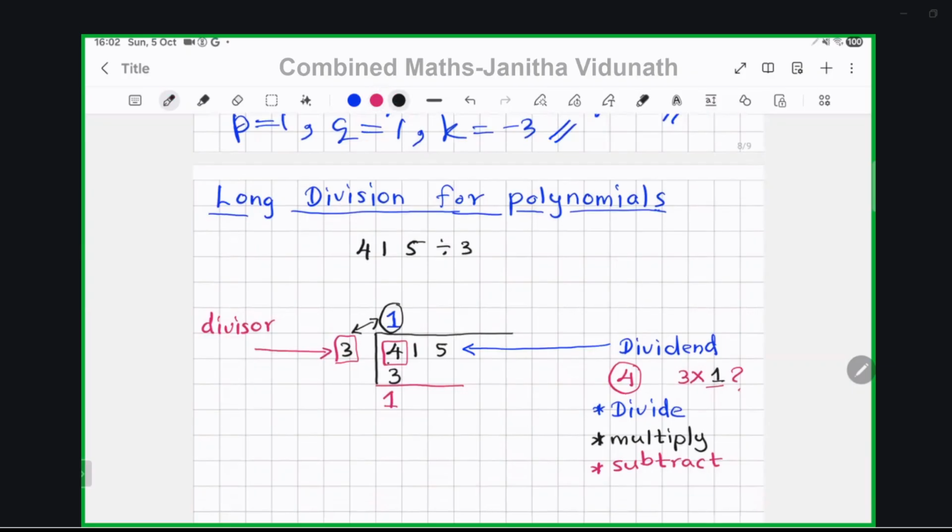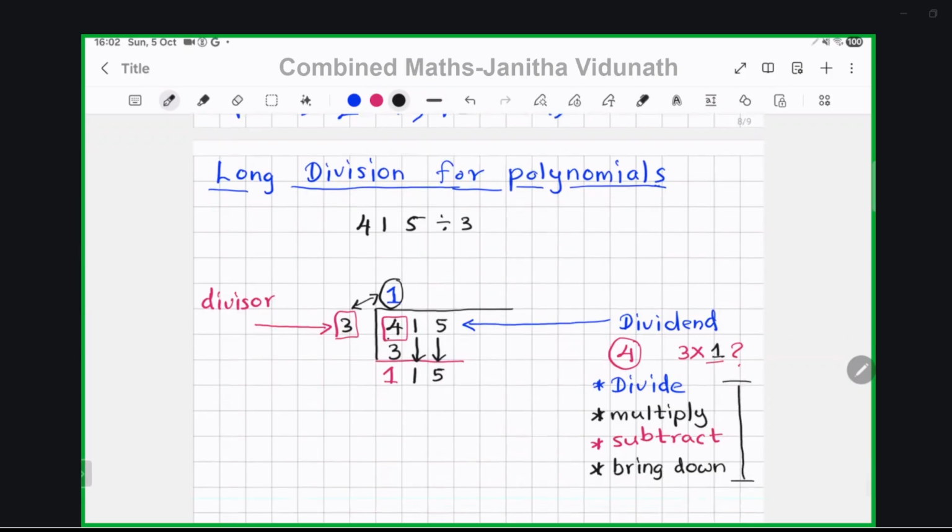After that, we bring down the remaining terms. That means 1 and 5. The next operation is bring down the remaining terms. These are the main operations of our long division.